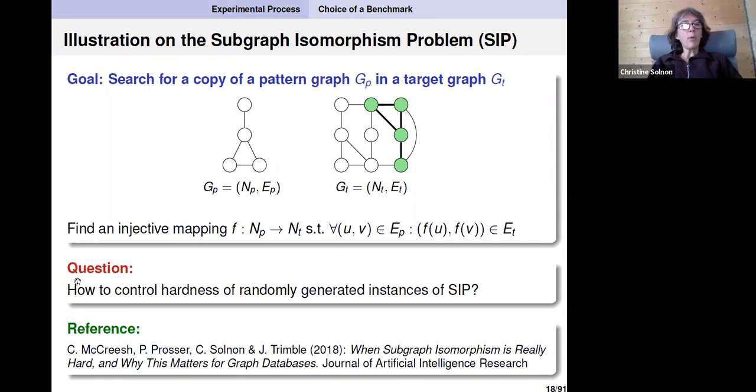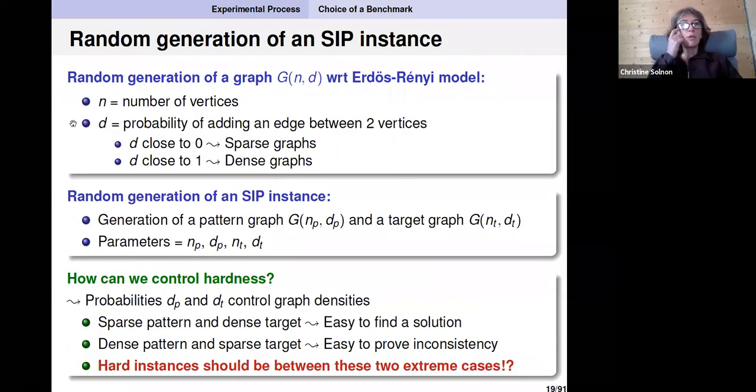So now the question is, how can we control the hardness of randomly generated instances for this problem? And here is a study. The first question is how to randomly generate an instance of this problem. To this aim, we have to randomly generate graphs.